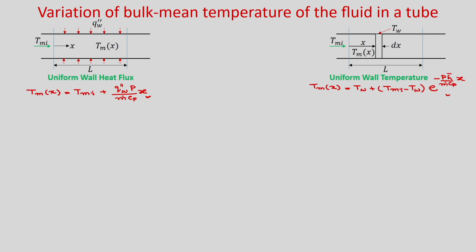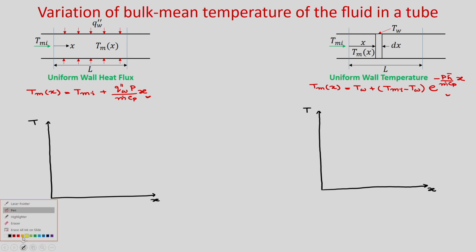Now if we plot, this is your temperature axis and this is your axial direction, and in this case also this is your temperature axis and this is your axial direction.